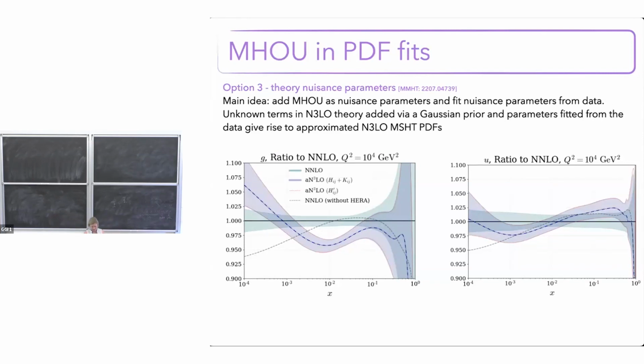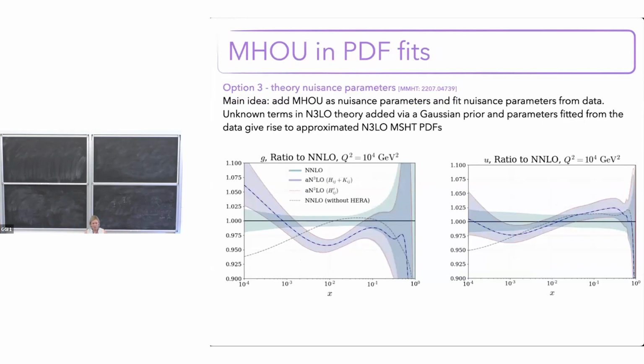So this is something that is good, but some theorists don't like it, because you don't want to fit the next-order correction that you don't know from the data, because the theory and the data should be independent, okay?